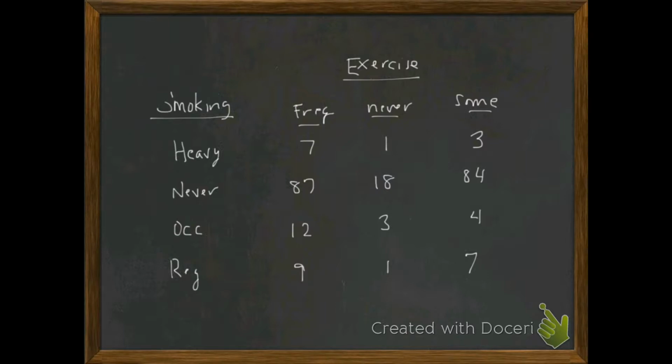Now, the first thing I'd want to do is get my row counts and my column counts, and then ultimately I'd want to get a total count. I'm just going to do a couple of these. So this would clearly be 11, and that would clearly be 17. I'll let you guys do the rest, and you can fill those in.